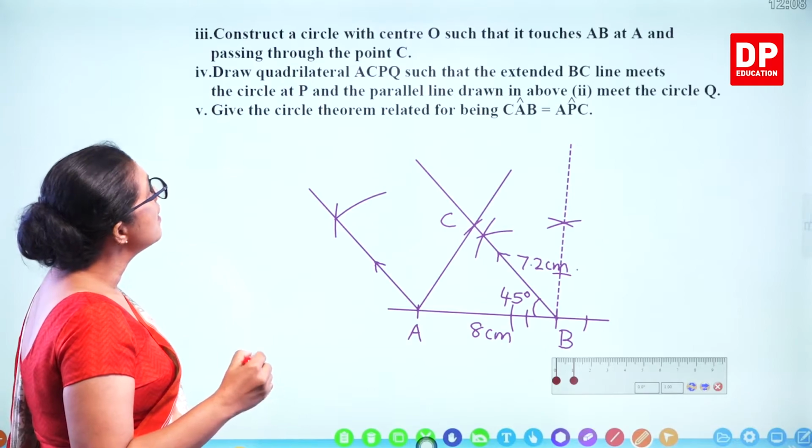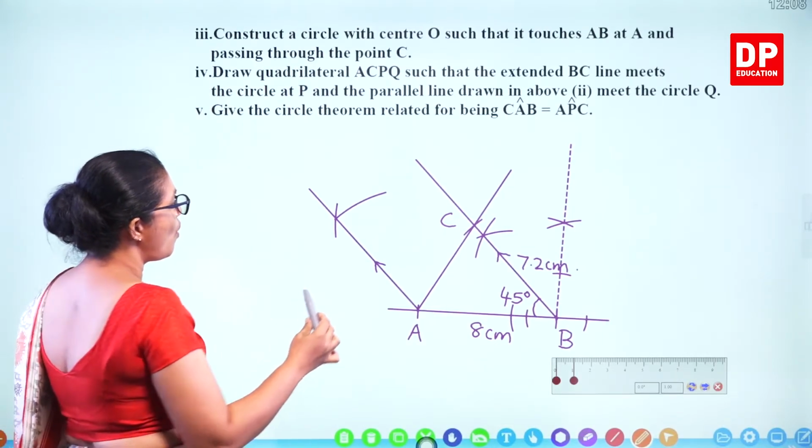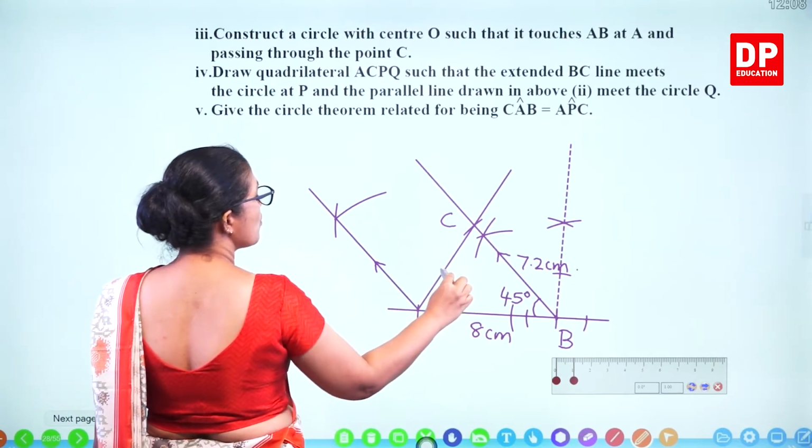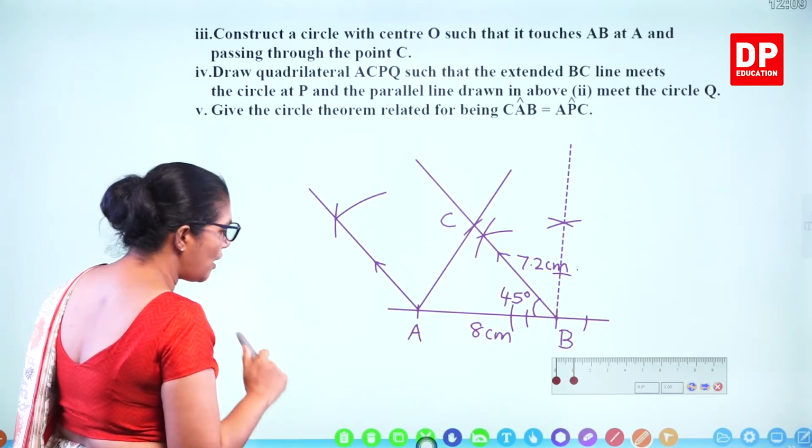You need a perpendicular bisector to find O. O should be somewhere here.